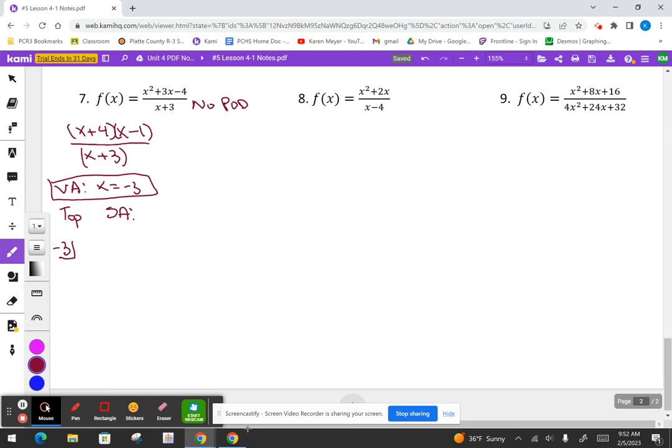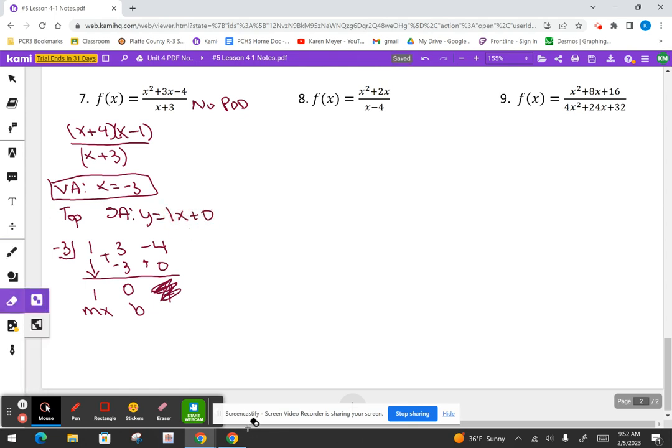Go back up here to the original problem and list out your coefficients. So 1, 3, and negative 4. And drop your first one. Multiply. Add for 0. Multiply. Add for negative 4, but remainder doesn't matter. So here's my mx and my b. So y equals 1x plus 0. Do I have to write plus 0? No. Do I have to write the 1 in front of the x? No. And you're done.